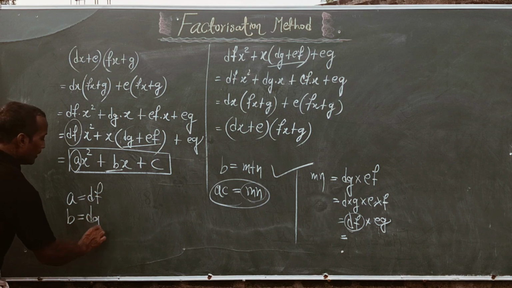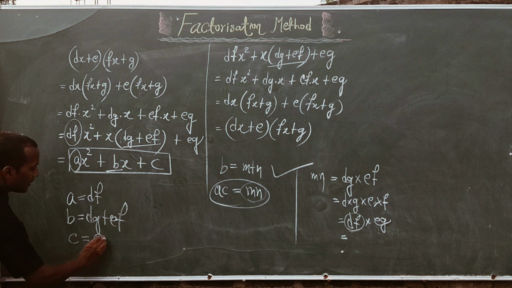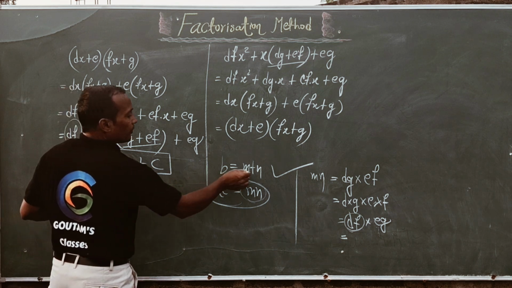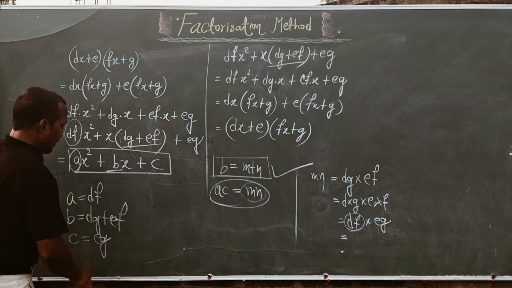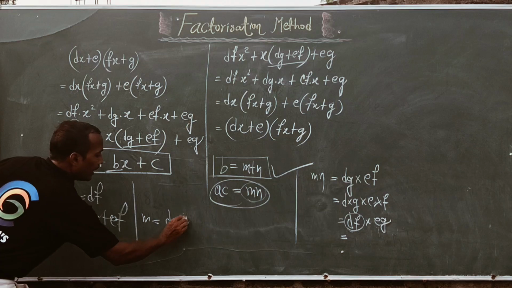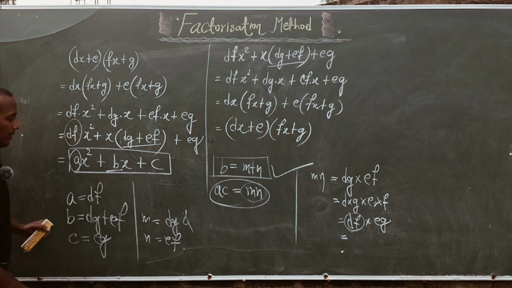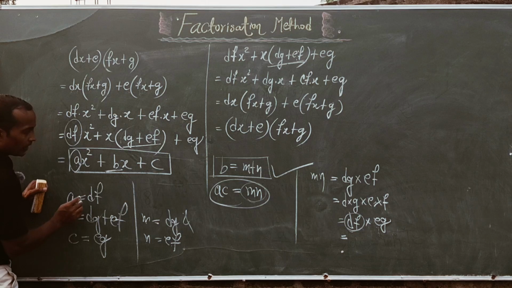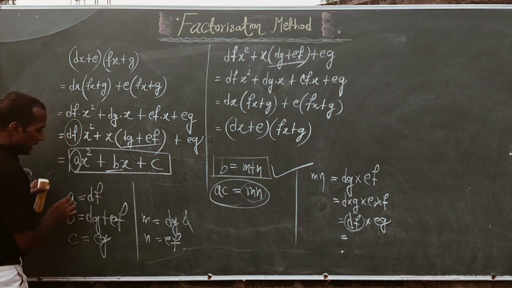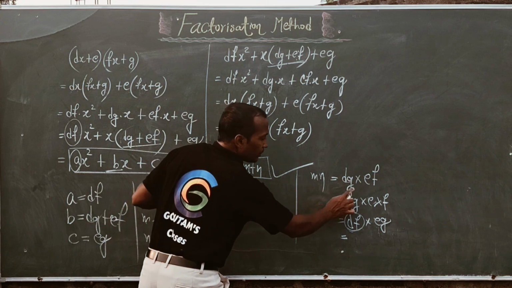Here B was dg plus ef and C was eg. All right. So B was dg plus ef, and we saw that B is m plus n. Here m is equal to dg and n is equal to ef. Right. Now we are checking whether m into n gives you a into c or not. mn is equal to dg into ef.